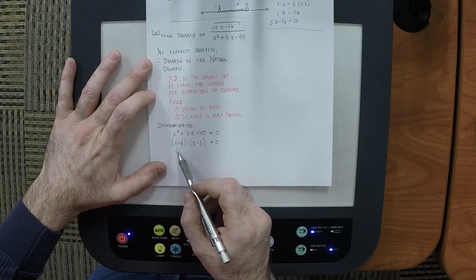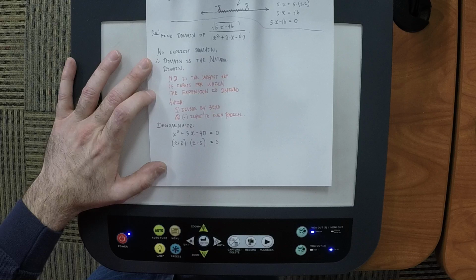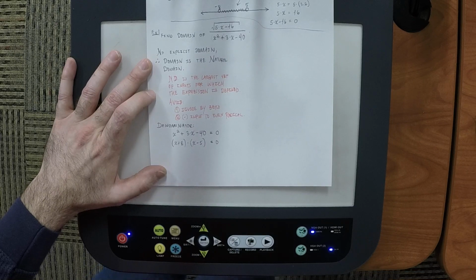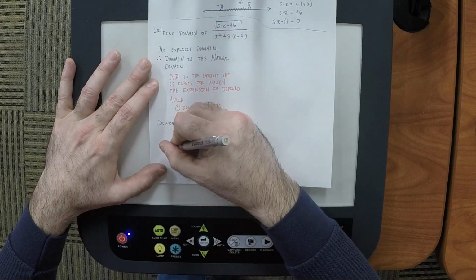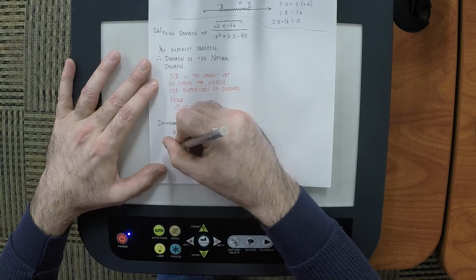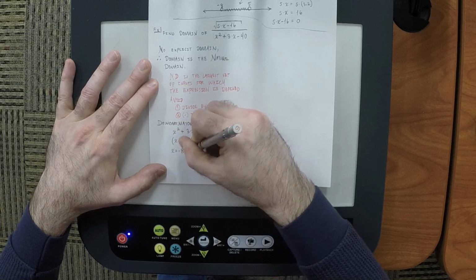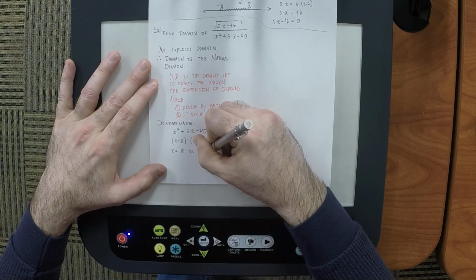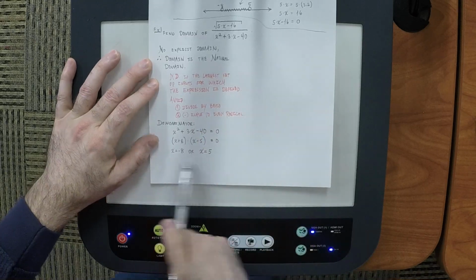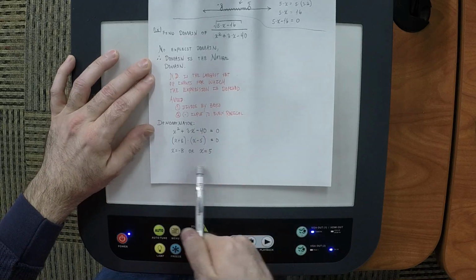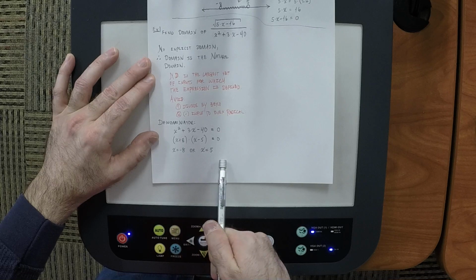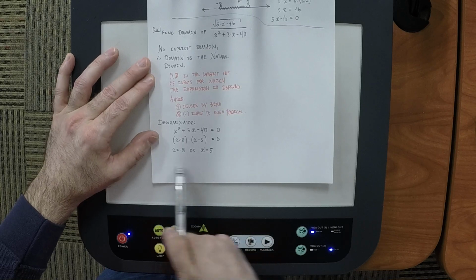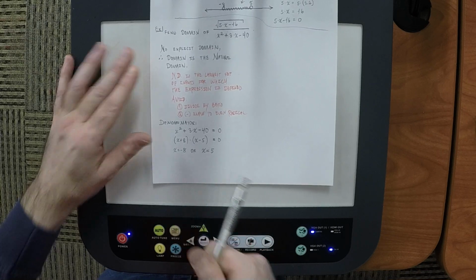And if you plug in positive 5, that factor would be 0. All right. So these are the places where there's a problem.